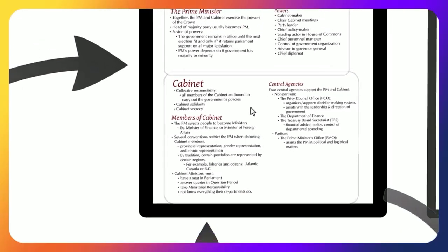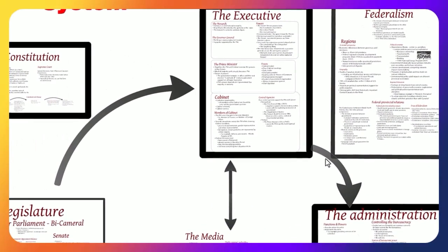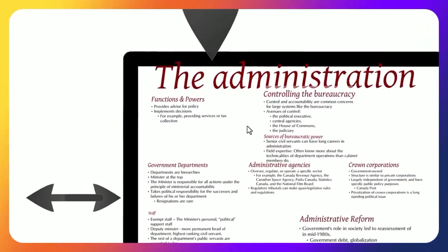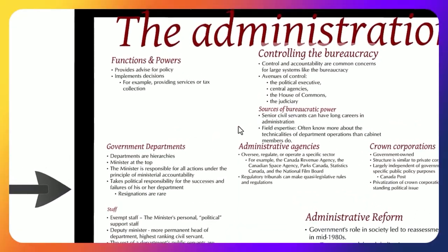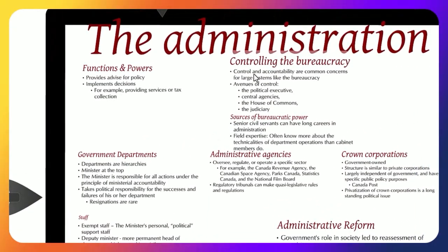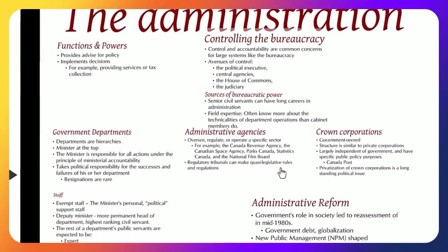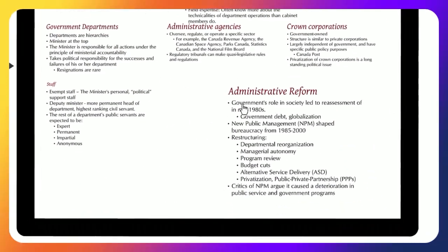Moving on, of course, the executive runs the administration, and it's important then to discuss how the administration can control the bureaucracy and what types of organizations exist within the bureaucracy: the government departments, administrative agencies, crown corporations, and so on, and trends in how this has been run by governments over time.